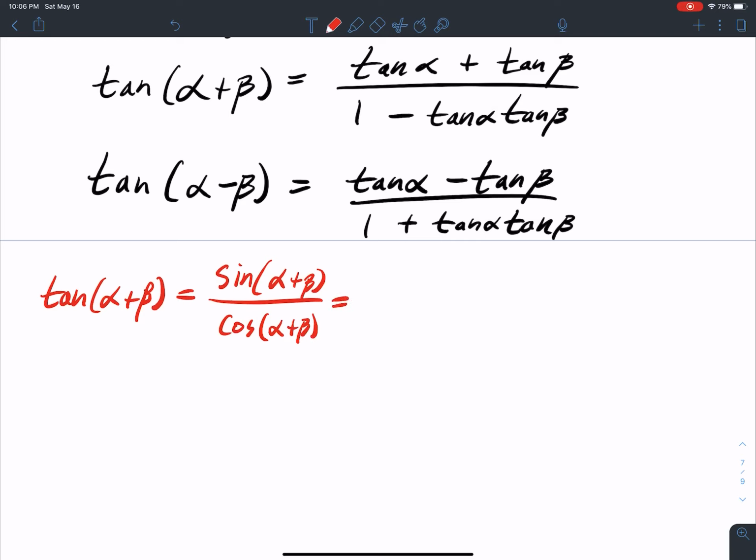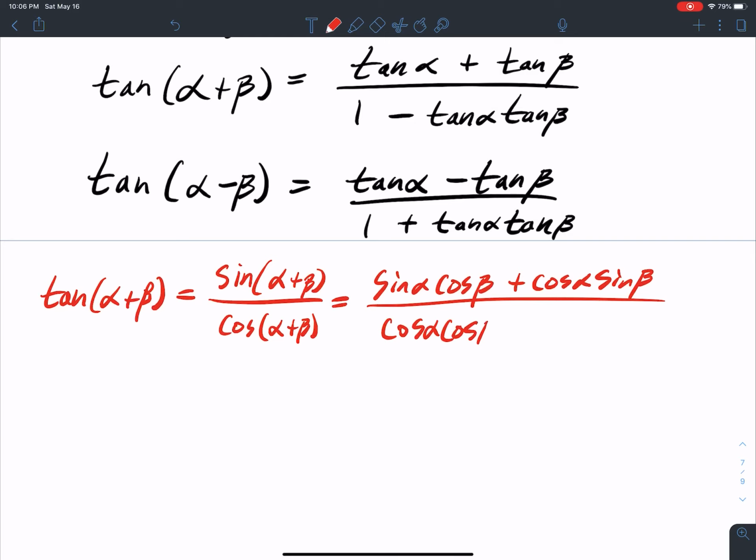And now we utilize the sum identities for sine and cosine.